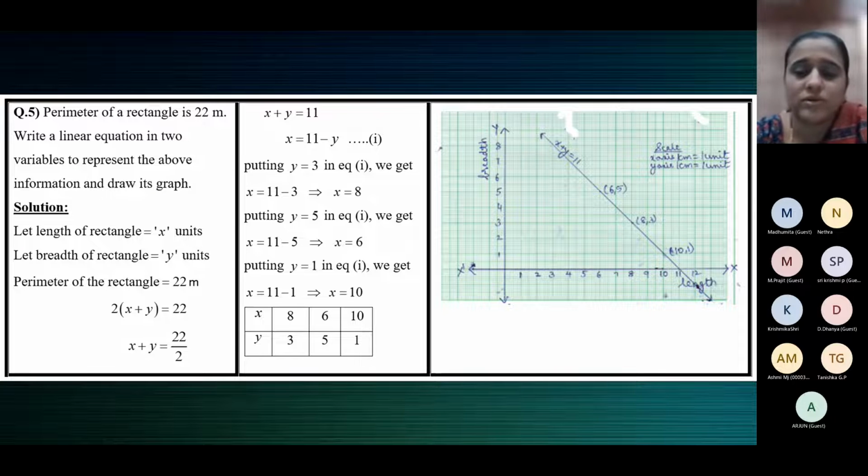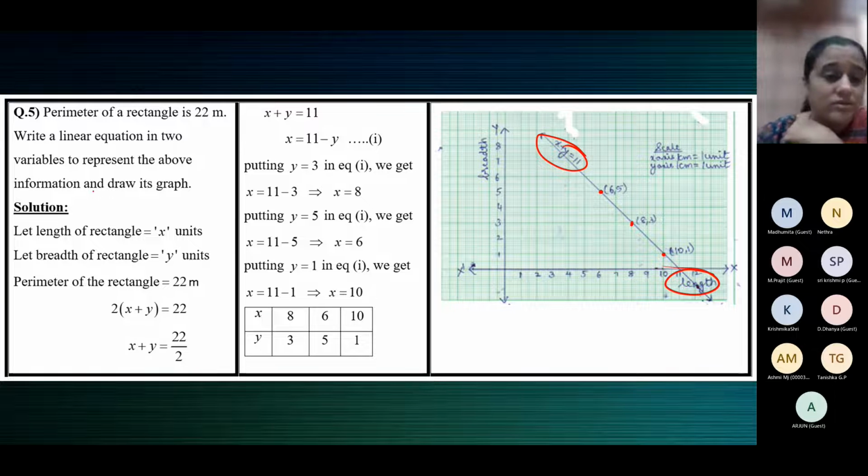So 1 centimeter, 1 unit. And you can see the points plotted here, here, and here. Join. You can see the equation written. X-axis represents the length, y-axis represents the breadth.